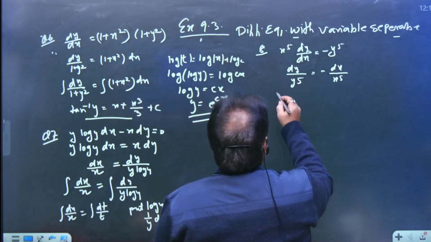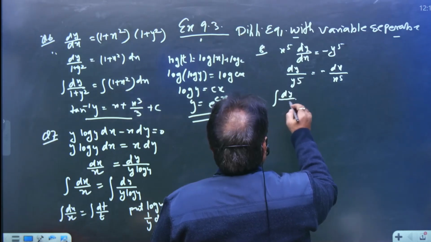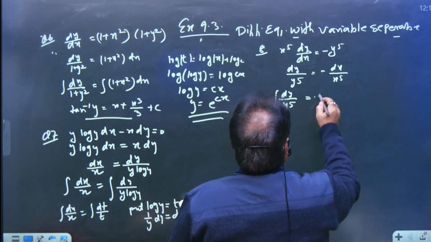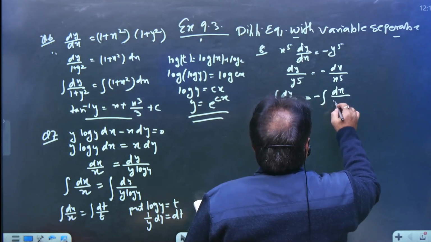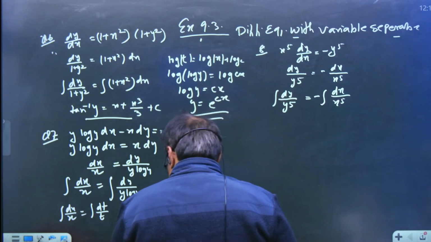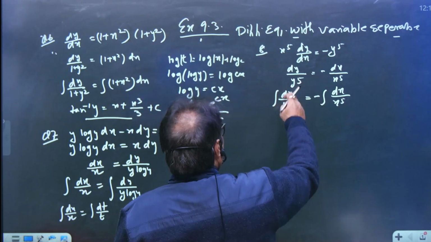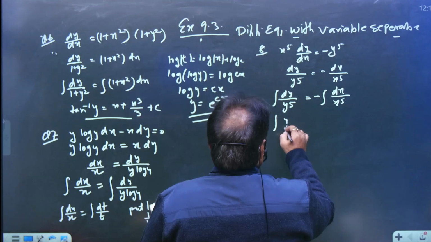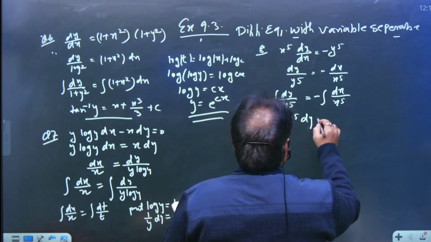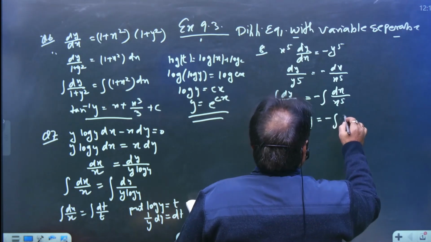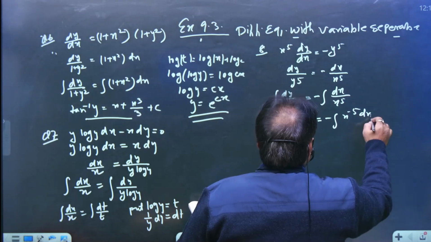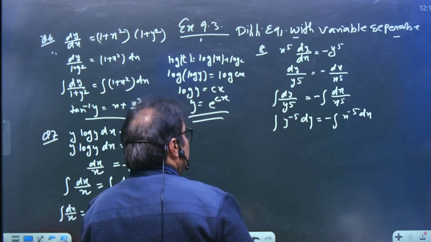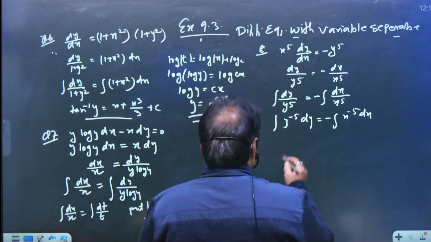So integration on both the sides. So dy upon y raised to 5 is equals to integration of dx upon x to the power 5. So this will be of course minus y raised to minus 5 dy is equals to minus x raised to minus 5 dx, and integrate. So minus 5 plus 1, that is minus 4.